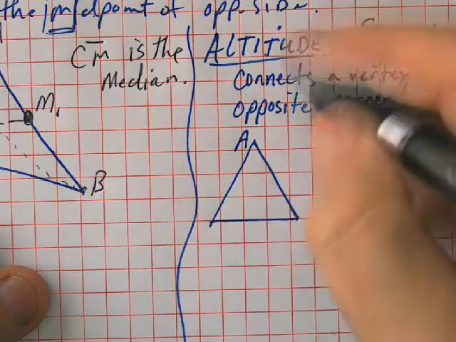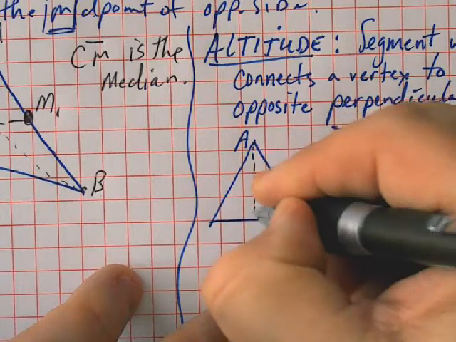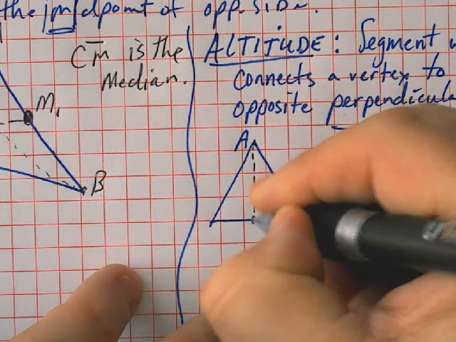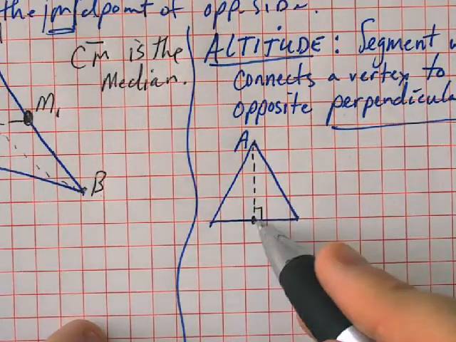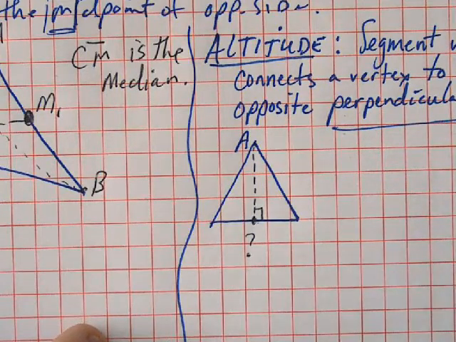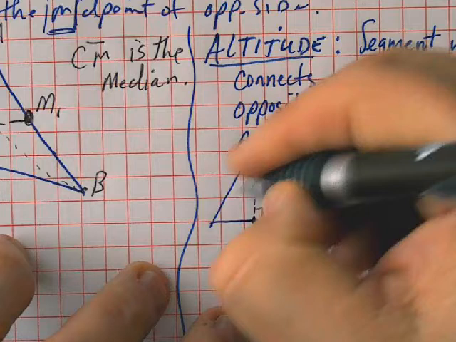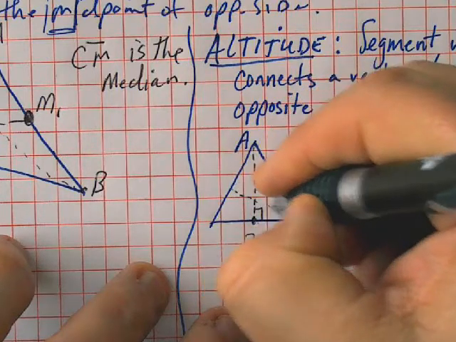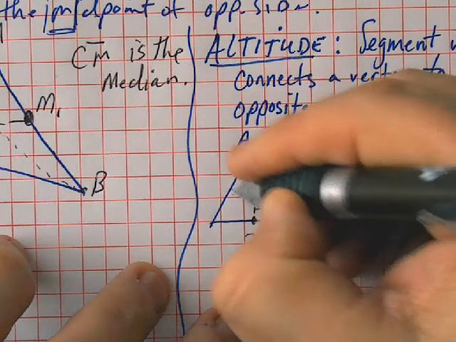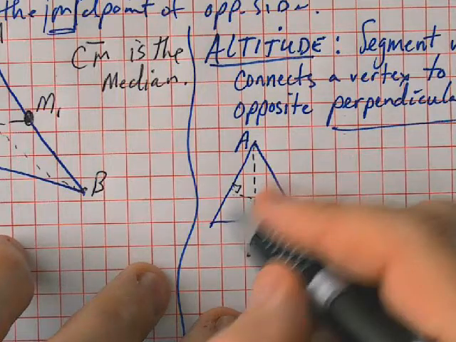It kind of looks like it is here, but it may not be. Is that the midpoint? I don't know. I'm going to put a question mark there so you realize I don't know if that's the midpoint. Now I'm going to go perpendicular to the opposite side here. And again, is that the midpoint? I don't know. Same idea.